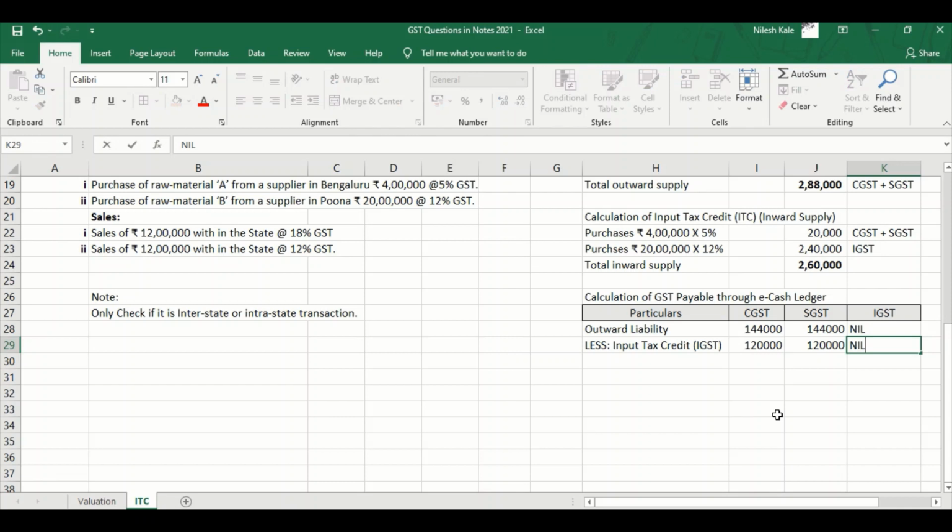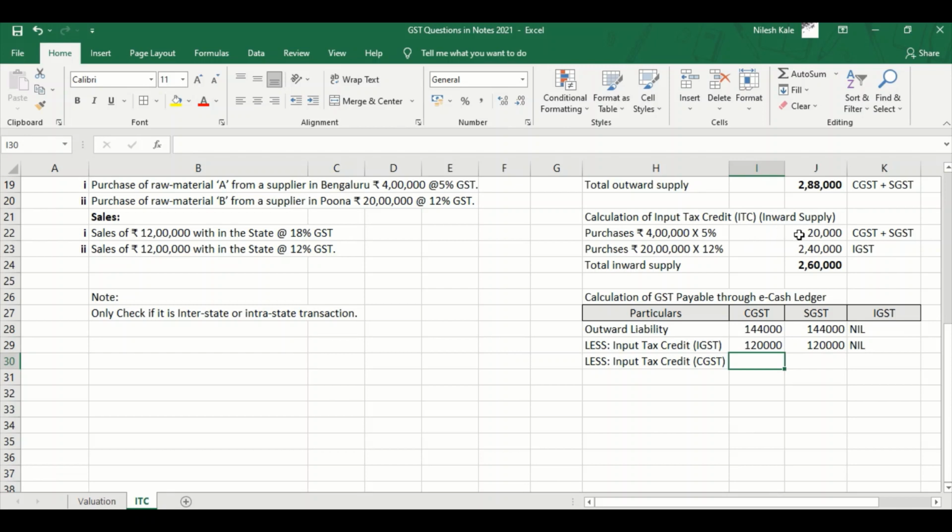IGST credit is not available now. Next, less, I will write here directly CGST. Now look at the CGST credit. How much CGST credit do I have? 20,000. 20,000 is for CGST plus SGST.